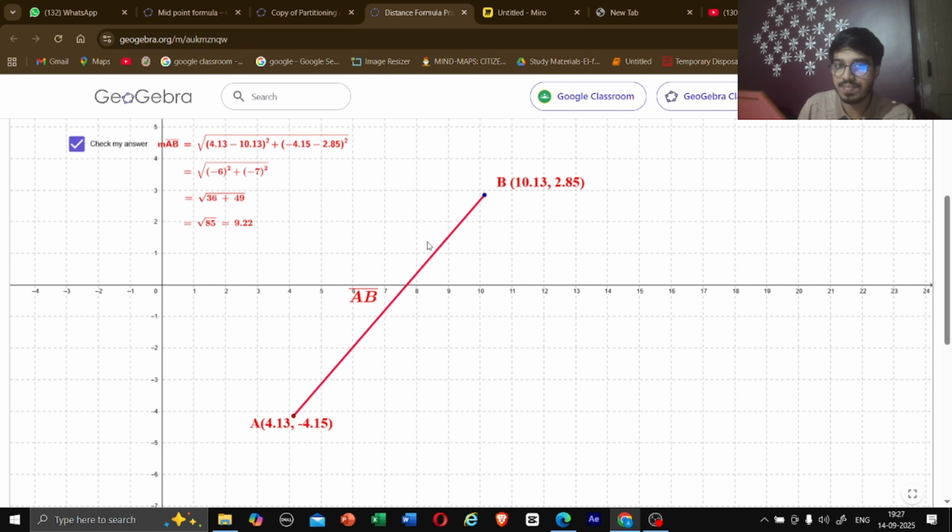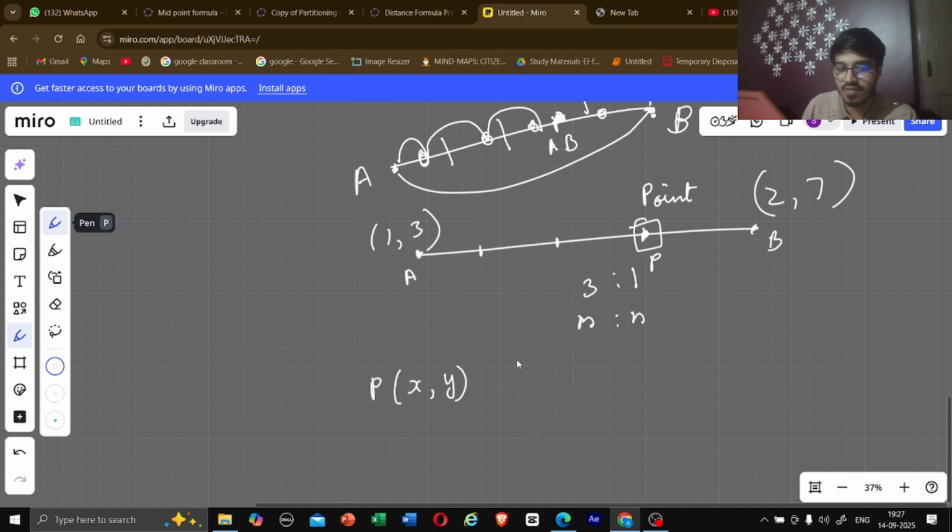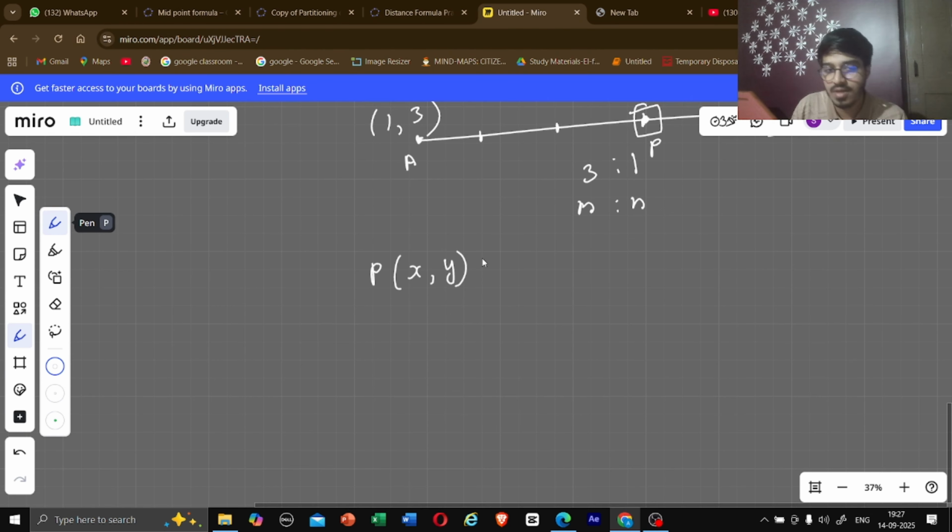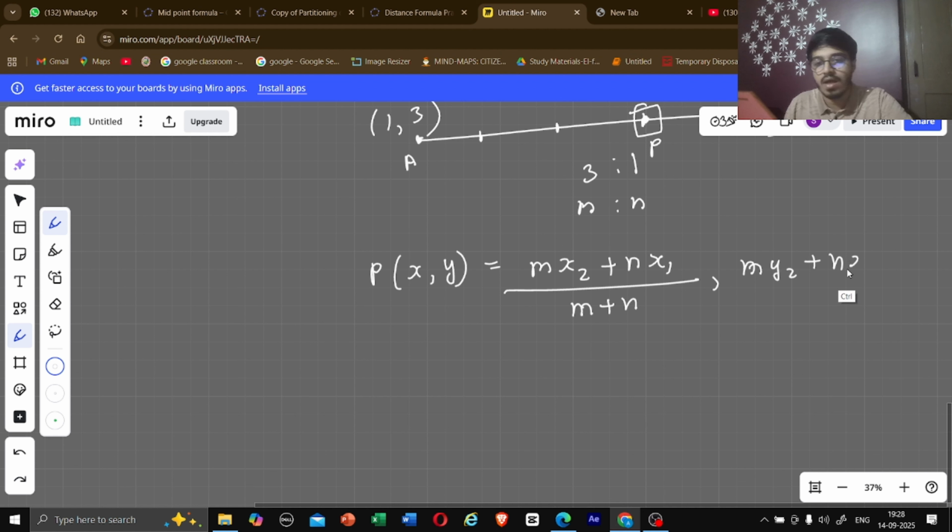Now we have to find out the coordinates of point P. For that, the formula is P equals (m x2 plus n x1) divided by (m plus n), comma (m y2 plus n y1) divided by (m plus n).